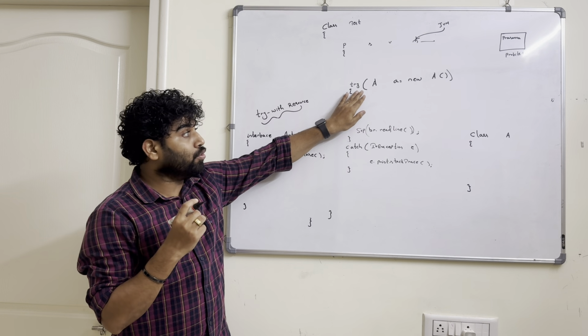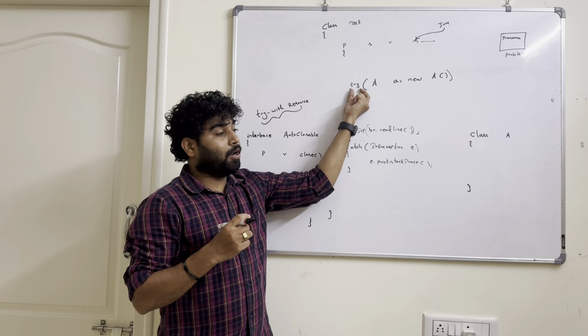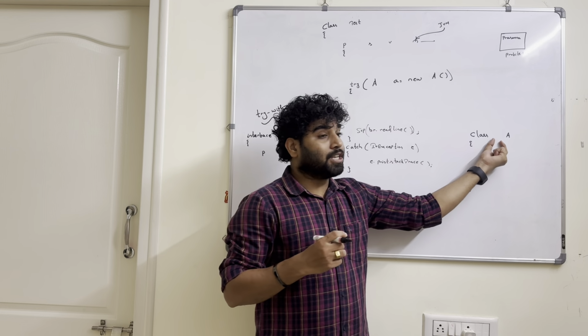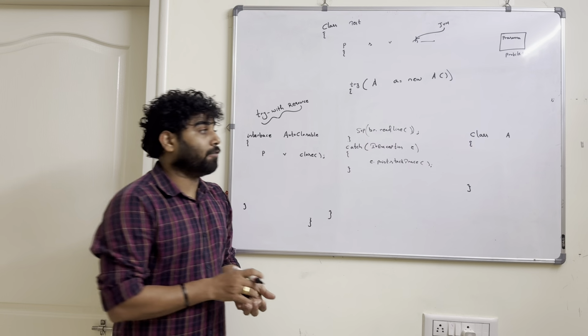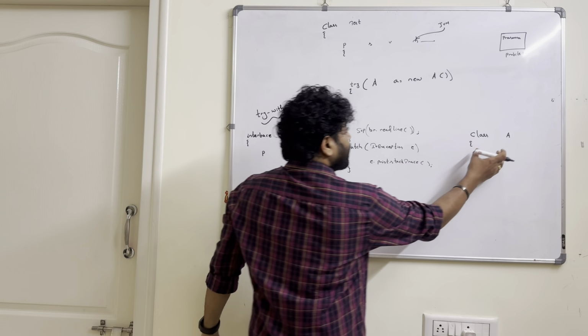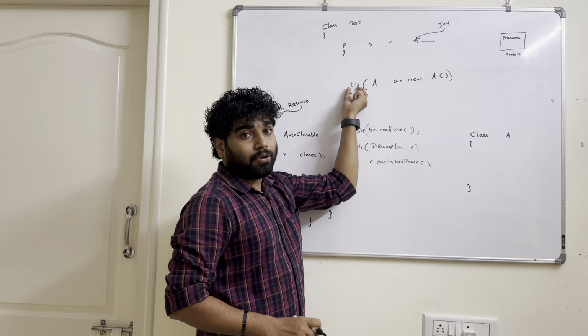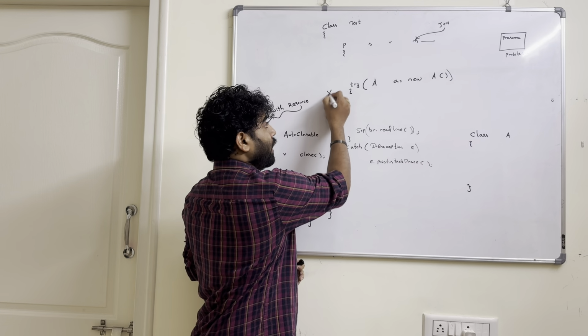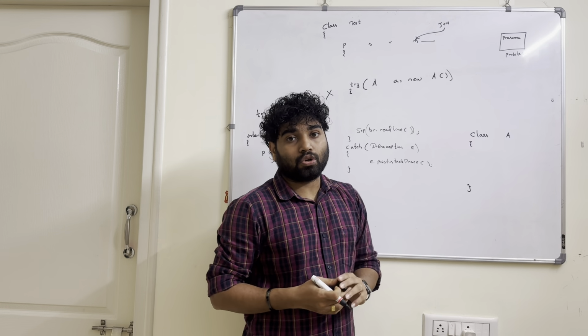In order to create an object in the try block, the class has to implement the AutoCloseable interface. So if I create a class A object in this try itself, I will get a compilation error saying class A is not implementing the AutoCloseable interface.